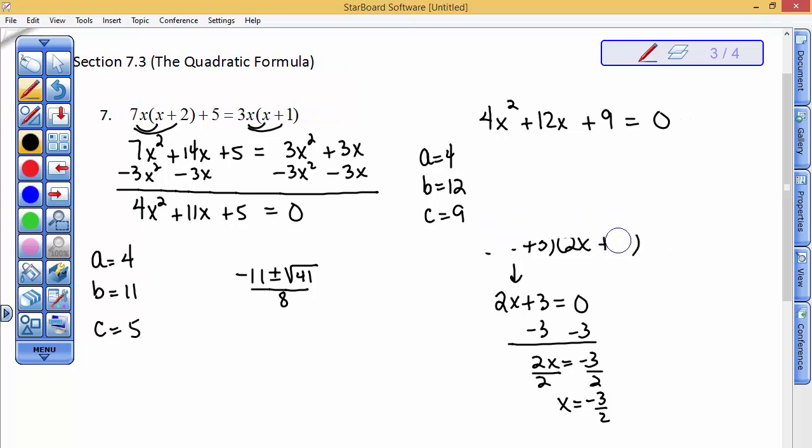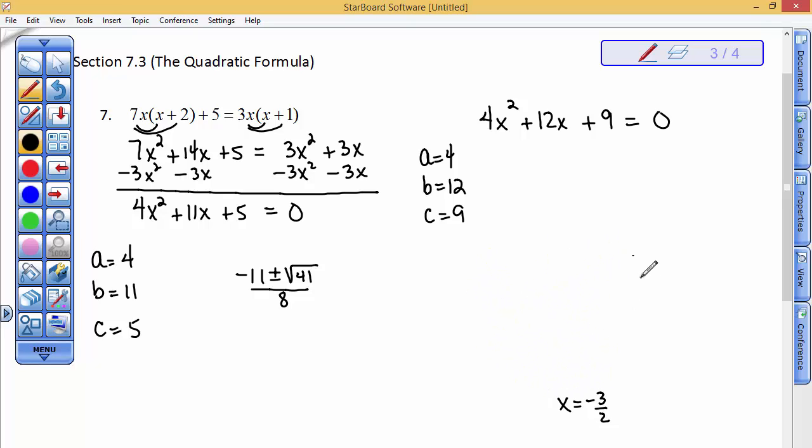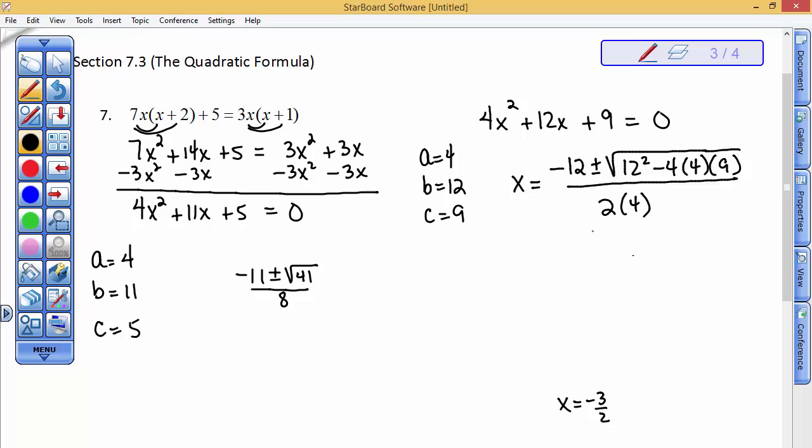I'm going to erase this. I'm going to keep the fact that I believe the answer is negative 3 halves. So the quadratic formula says to take the opposite of b, plus or minus the square root of b squared minus 4 times a, which is 4, times c, which is 9, all divided by 2 times a, which is 4.